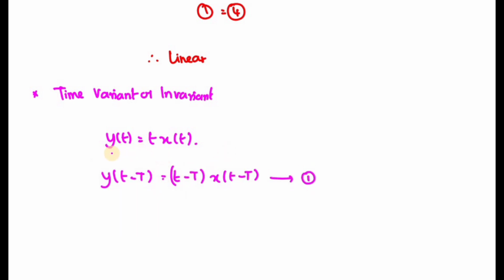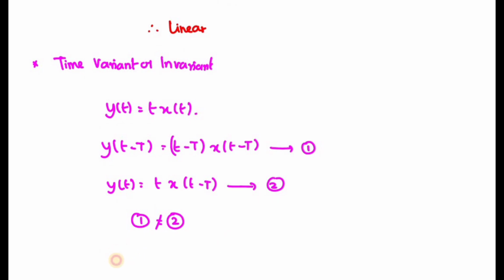Next, from this equation, you have to change only x alone. Okay. So if you change x alone, I will get t into x of t minus T. So this is your second equation. So if you equate first and second equation, you can see it is not the same. It is changing. So, right. That is my y of t minus T is not equal to y of t. Right. So it is time variant.